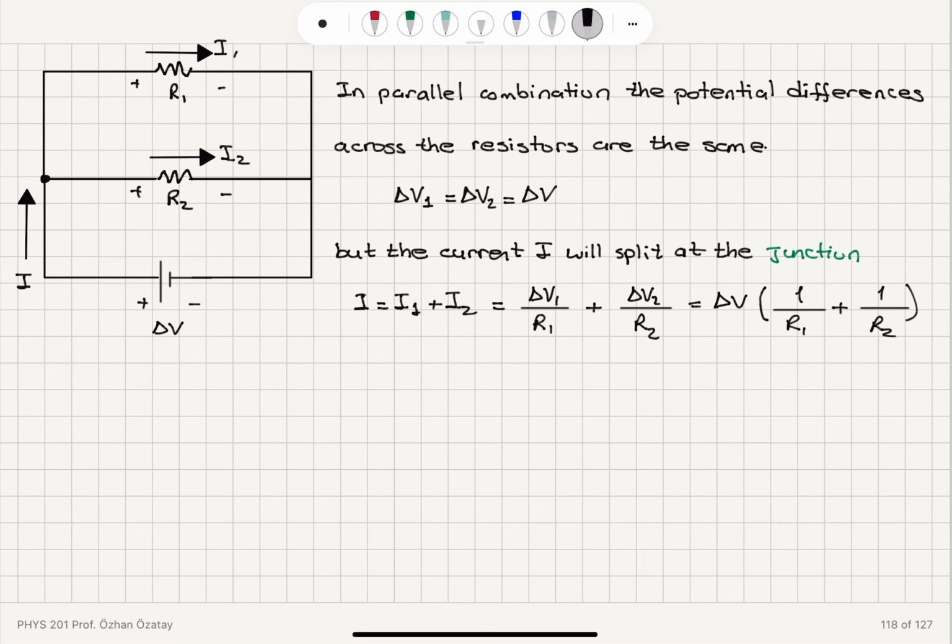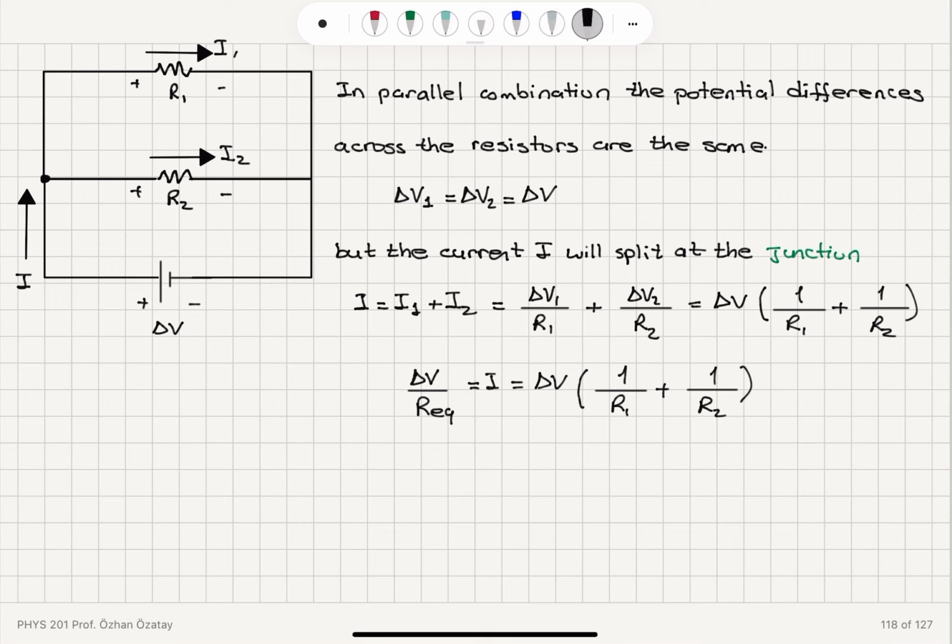Okay, now if I want to replace this combination of two resistors with an equivalent resistance here, what should be that equivalent resistance? The current that will flow through the equivalent resistance will be delta V divided by R equivalent. And this is equal to I, which is delta V times 1 over R1 plus 1 over R2.